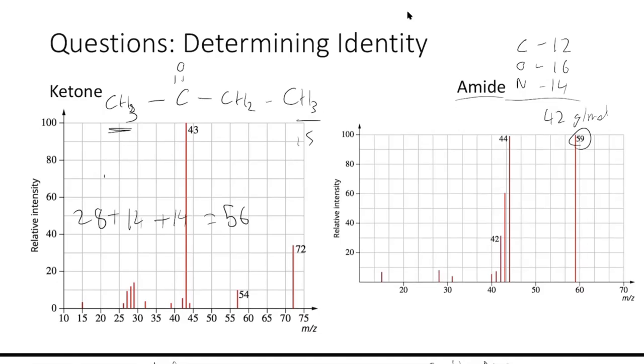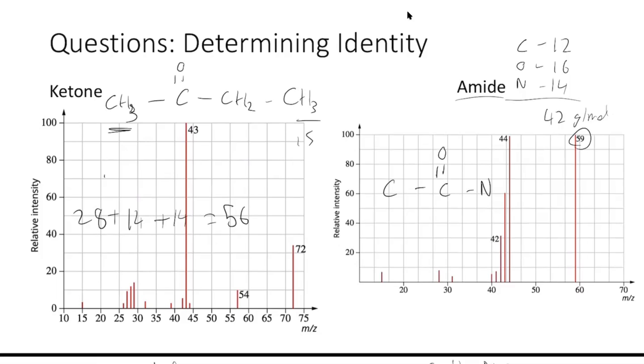With 17 off, we can only add one more carbon, because a carbon is 12. So if we add one carbon, we've got 42 plus 12, that's 54. If I add another carbon, then I go beyond 59.